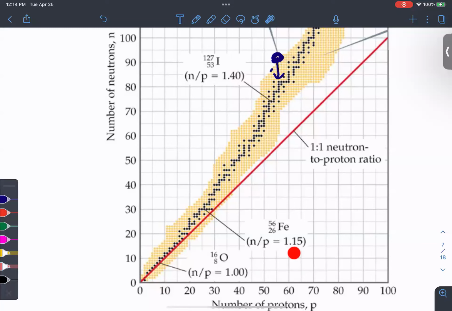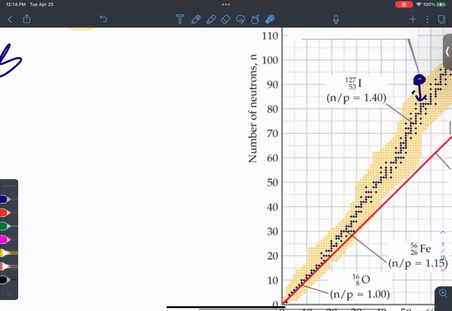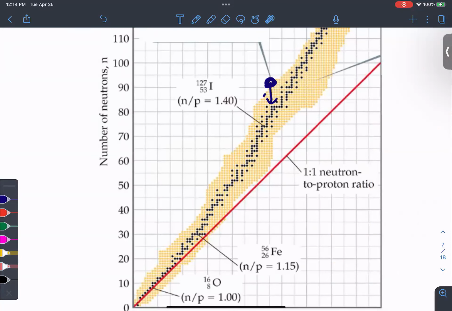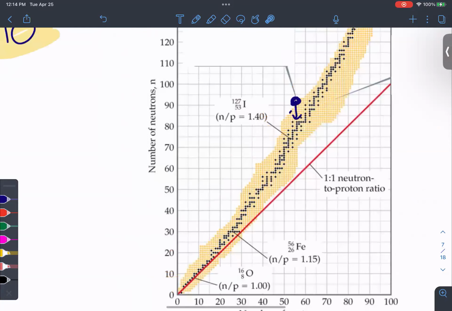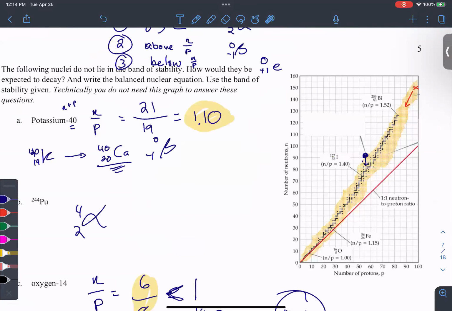Iron has a mass number of about 56. And then once you get to iodine-127, it gets closer to 1.4. So the 1.25 you're referring to is over here. For things that are heavier than iron, I would check those numbers again.